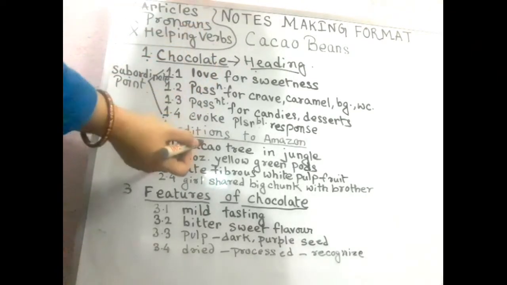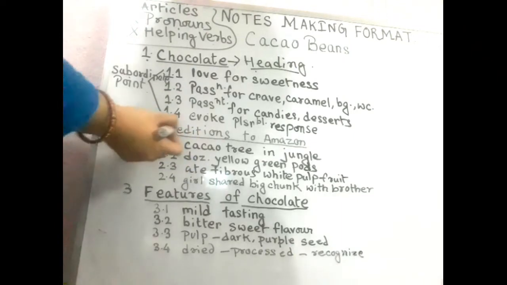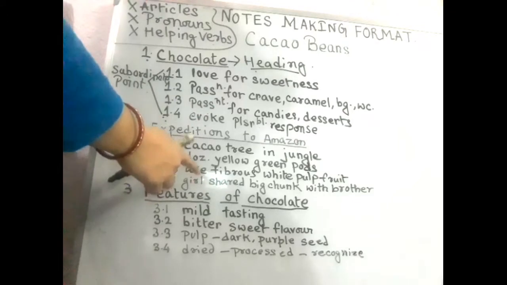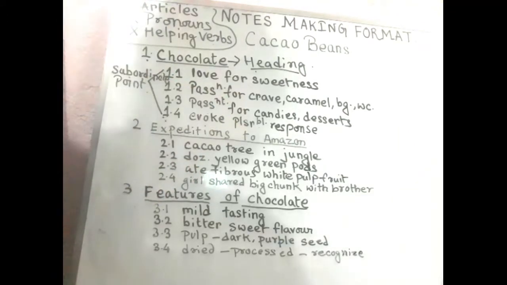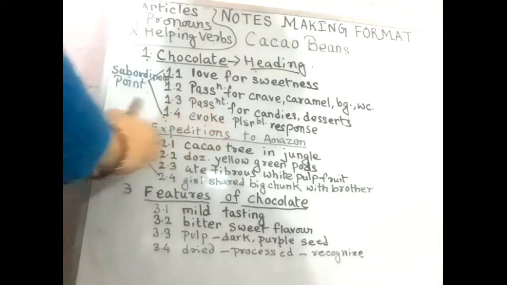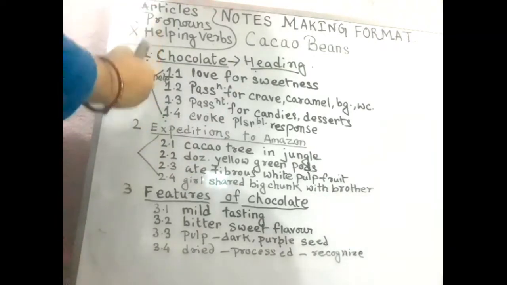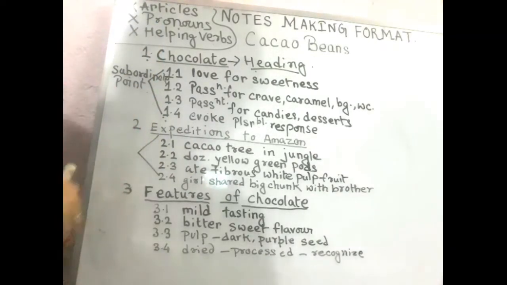Like after going through the second paragraph, I have written here expeditions to Amazon, right? And all these points are dependent on this heading. So these all are subordinate points. So like this way, you have to give some space and write here. This is called indent, right? And then again, after writing second point, then third point you have to write.